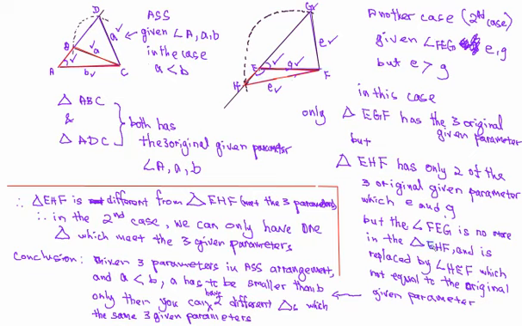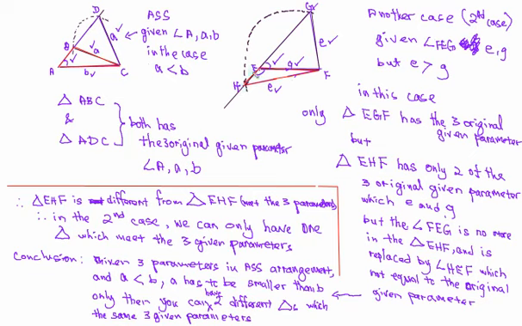So this angle FEH is no more in the triangle EHF. This angle doesn't exist in the second triangle. It's actually replaced by HEF. But then HEF is different from this angle.